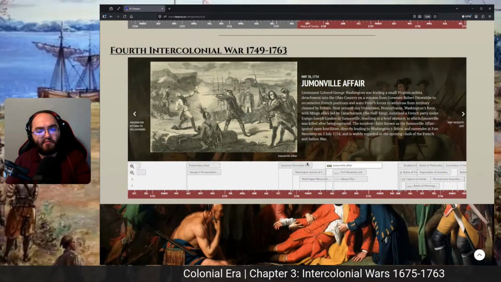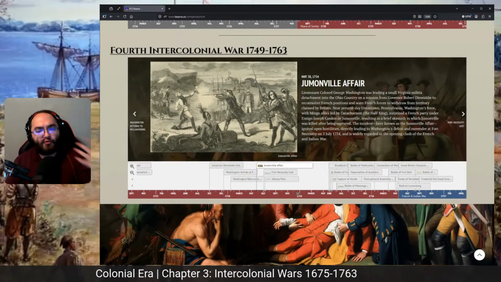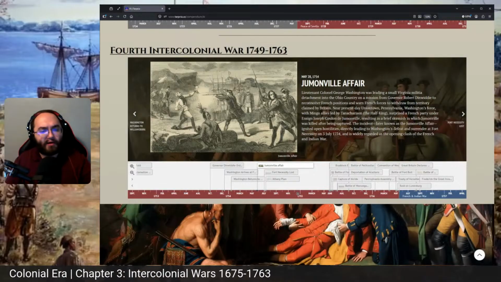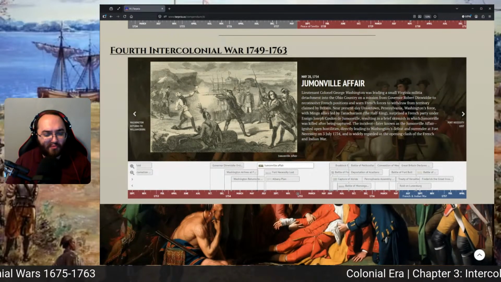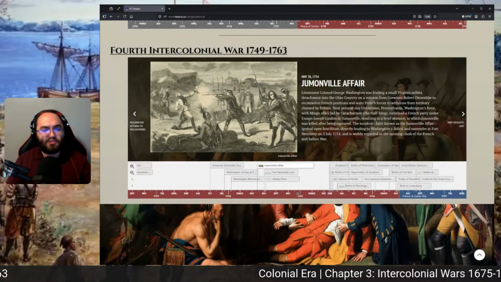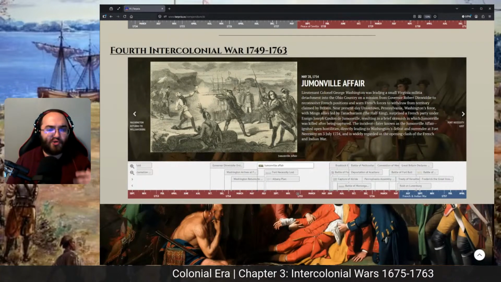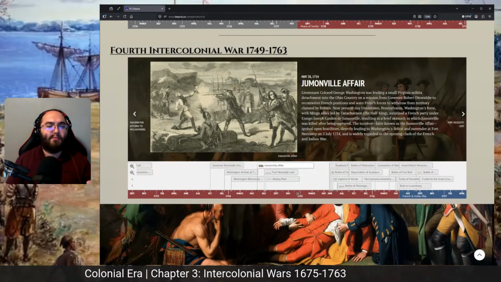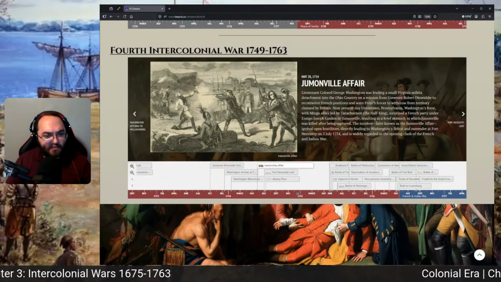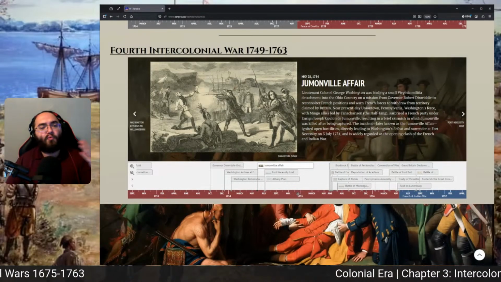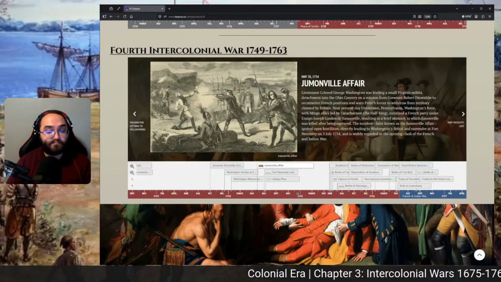We're now in 1754, and so the French and English are already fighting each other. They're already at each other's throats. So Washington didn't start any new violence. He didn't start a war between France and England because they were already fighting each other. What he did was he brought the war to the frontier.